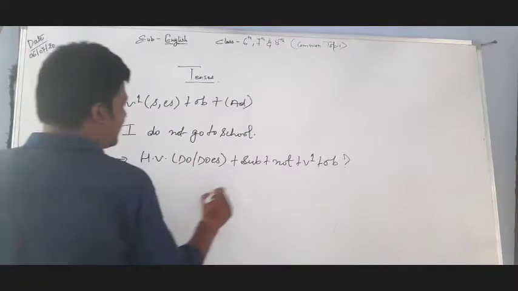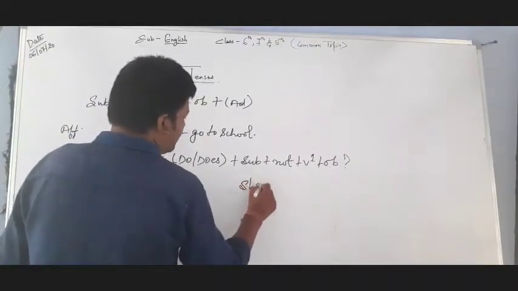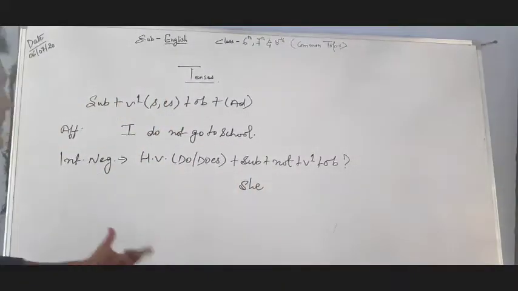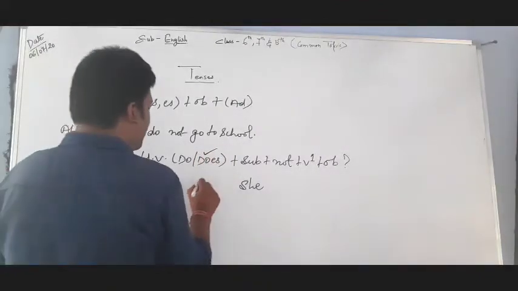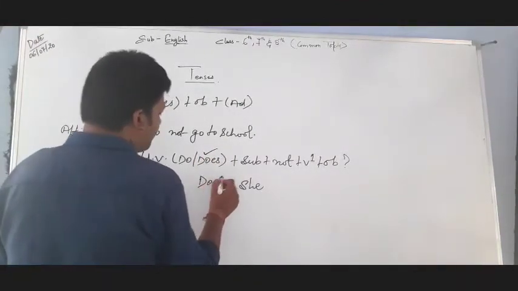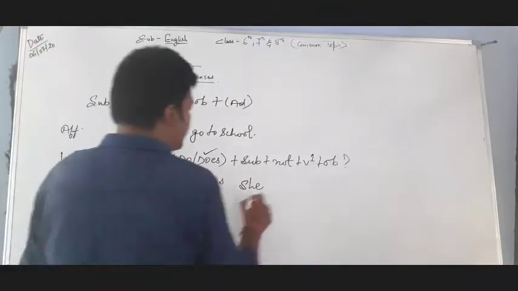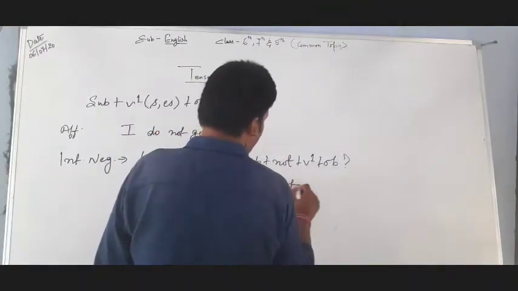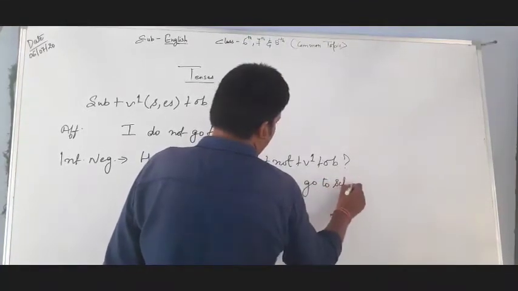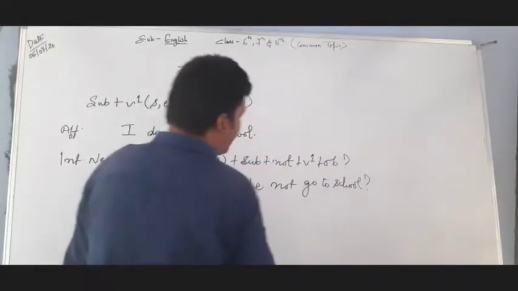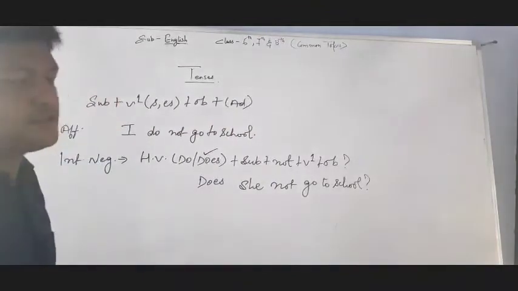Let's take the subject as she. She is singular plus third person, so I choose does. With singular and third person always use does: Does she not go to school? It forms a negative interrogative sentence.